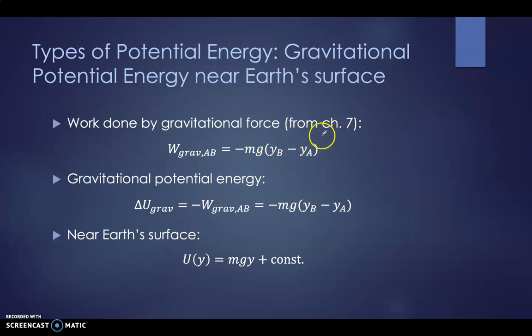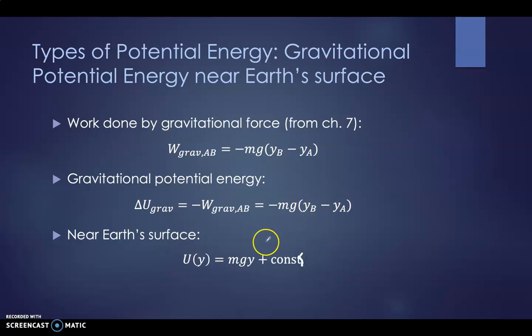So we can use that and now state that our difference in gravitational potential energy is minus the work done by gravitational force from A to B, which is equal to mg times the difference in height.